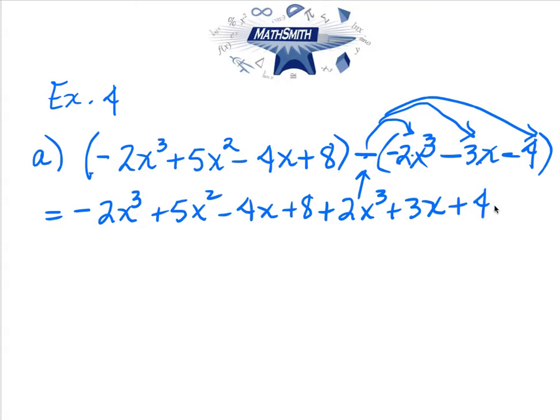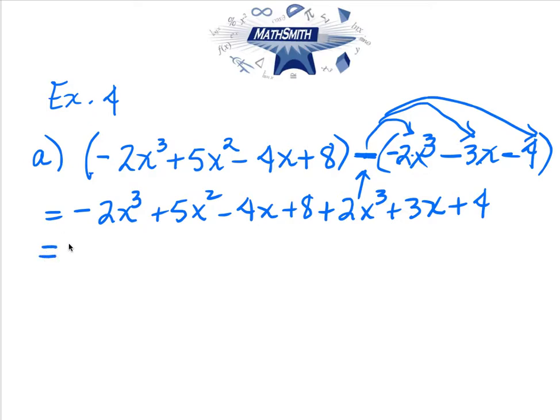Now I'm back to doing an addition problem of polynomials, just like before. When I'm subtracting, I'm subtracting every term inside the parentheses, so it's important to distribute the negatives before I drop the parentheses and turn this into an addition problem.